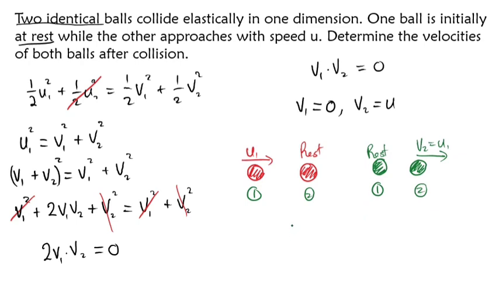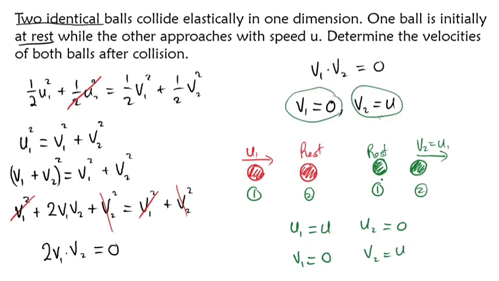So initial velocity for 1 was just u. Then initial velocity for 2 was 0. But after collision, this velocity becomes 0, while this velocity is the one that becomes u. And that's the u that we have right here. So these are the two velocities of both objects after collision.